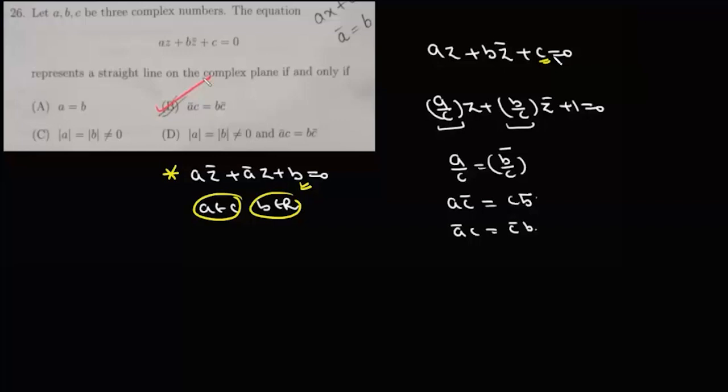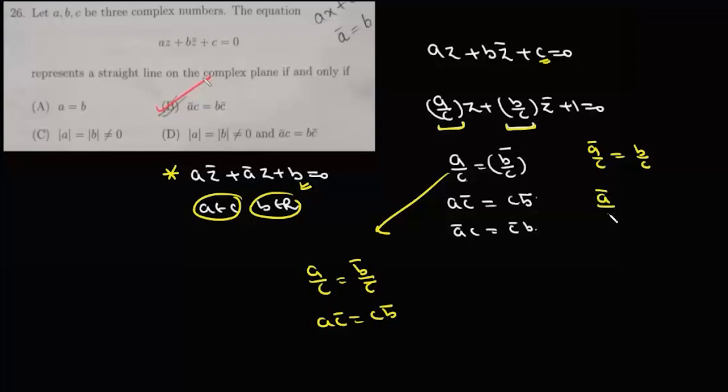First we have to make this part real. So what we'll do is we'll divide everything by c. Now this is a z bar plus a bar z, so they are conjugates of each other. So we can write a upon c equals b bar upon c, or a bar upon c equals b upon c. Now from here we can write a upon c equals b bar upon c bar, or a c bar equals c b bar.